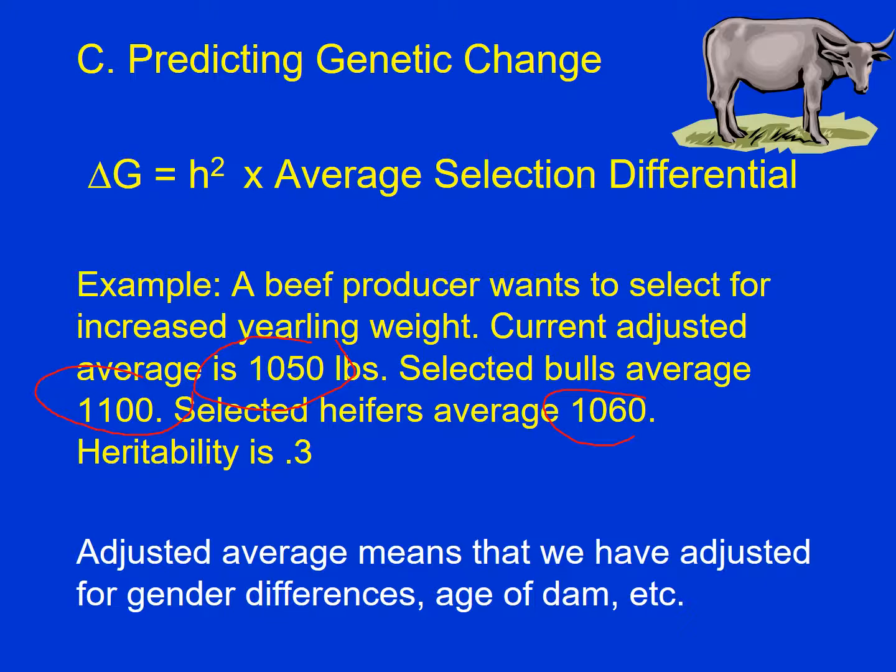Obviously, bulls grow faster than heifers, but we've made the adjustment, so we're gender neutral. Older cows tend to raise bigger calves than younger cows, so we've adjusted for age of dam. So we've made some adjustments to try to keep everything somewhat on an equal basis.